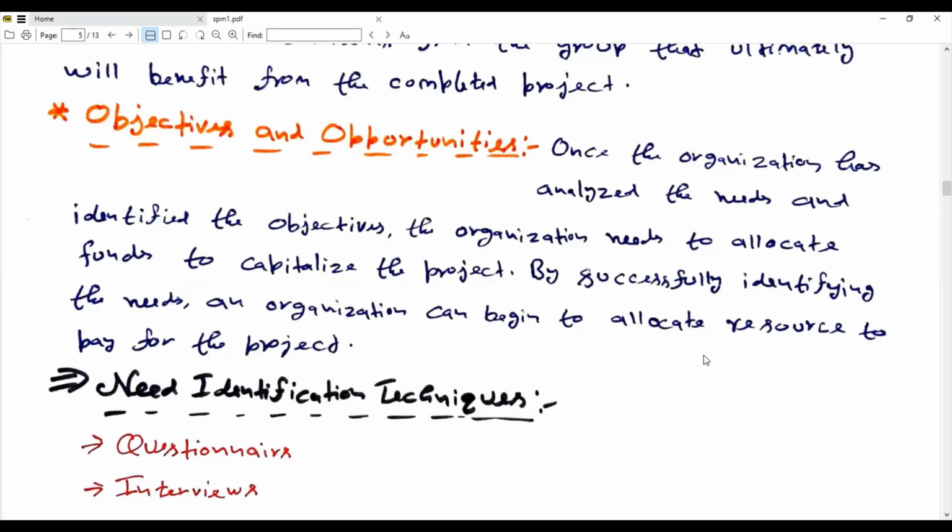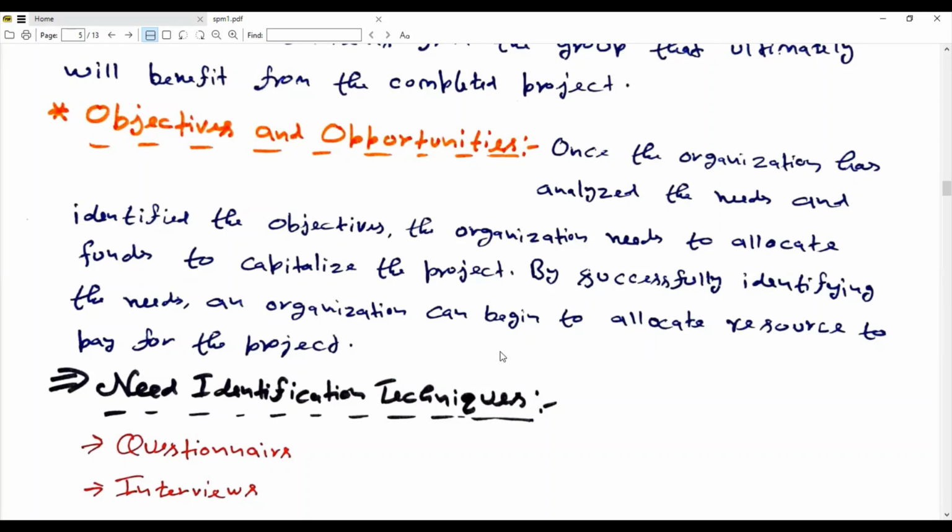By successfully identifying the need, an organization can begin to allocate resources to pay for the project, or we provide the human resources and machinery to the team so they can move further to complete the project.